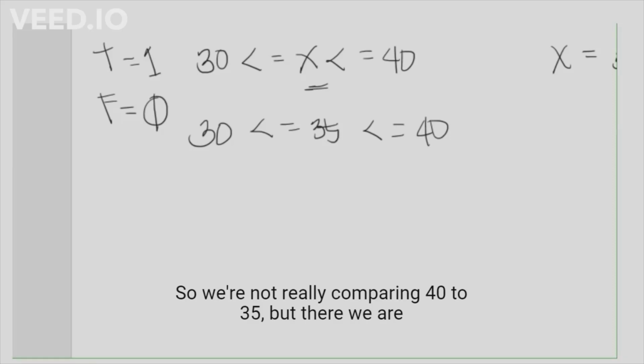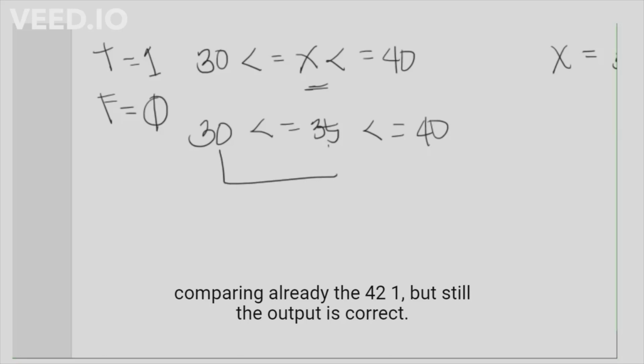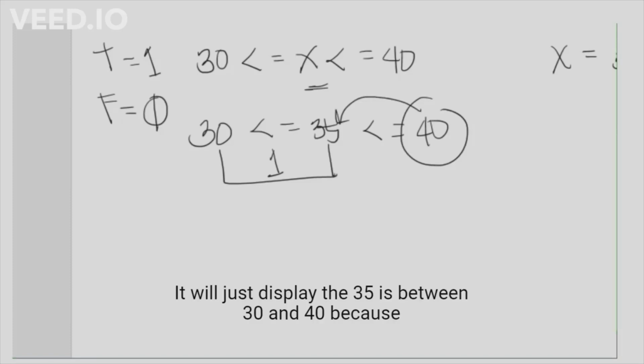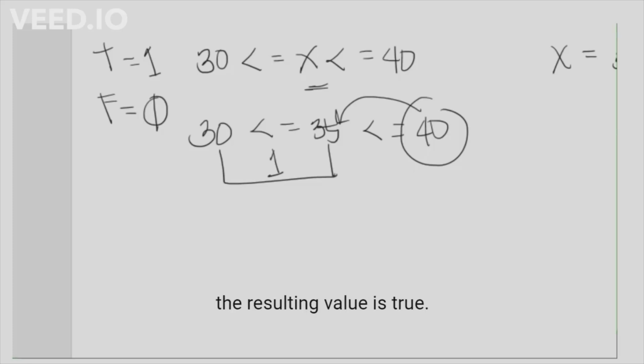We're not really comparing 40 to 35, but rather we are comparing 40 to 1. But still the output is correct. That's true. It will just display that 35 is between 30 and 40 because the resulting value is true.